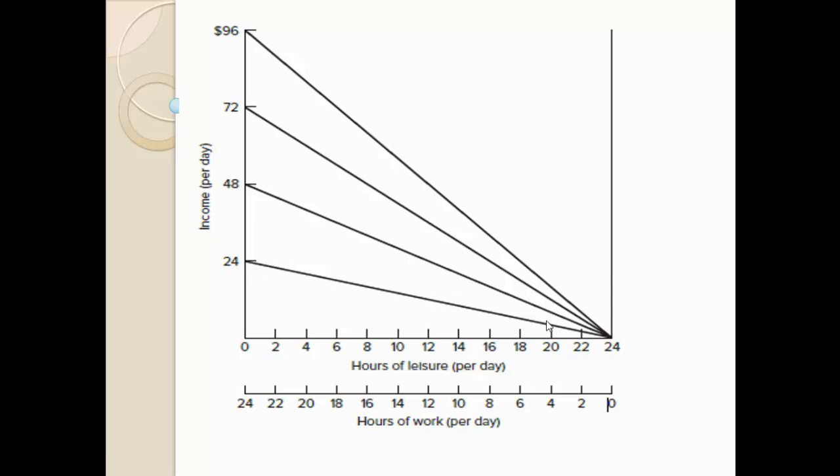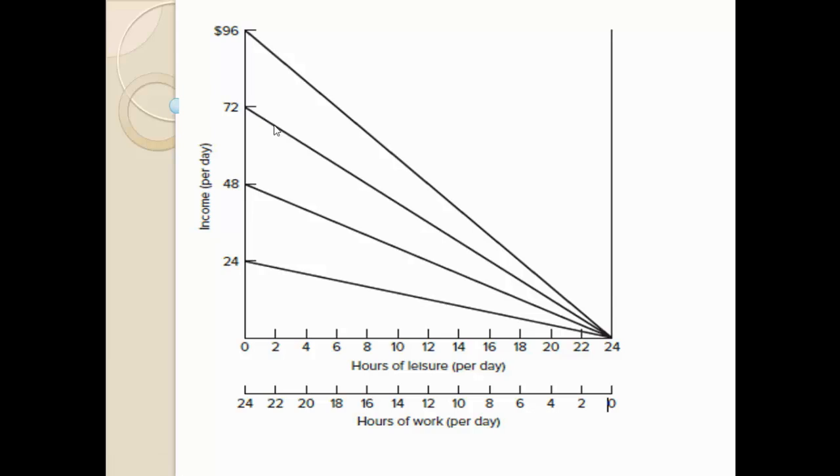Secondly, we suppose that when the wage rate increases, the second budget line can be 48. If the wage rate is $3 per hour, what will be 24 multiplied by 3? 72 dollars he can earn by working 24 hours.